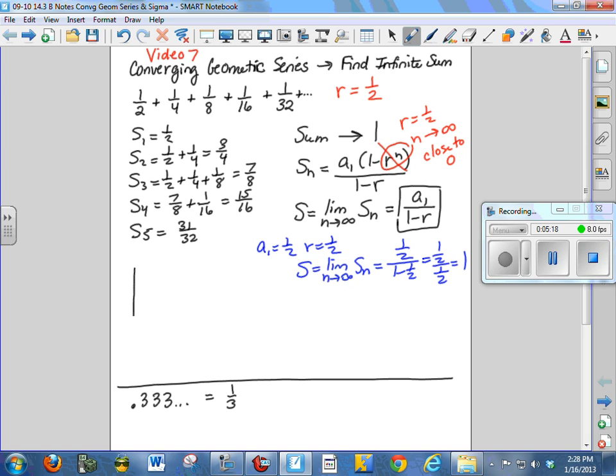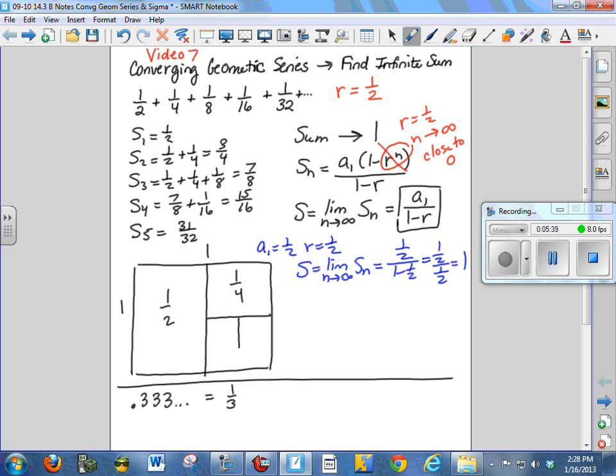Now, let's picture this geometrically. I think this will help you understand why this works. Let's picture a 1 by 1 square. The first term, 1/2, represents half of the area of the square. The second term, 1/4, represents 1/4 the area of the square.